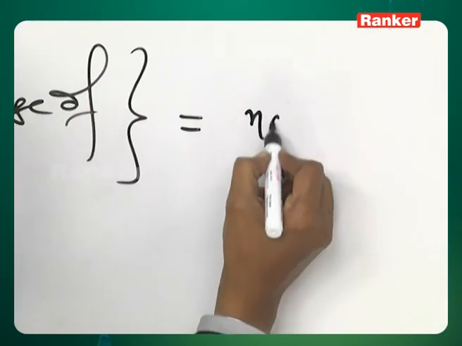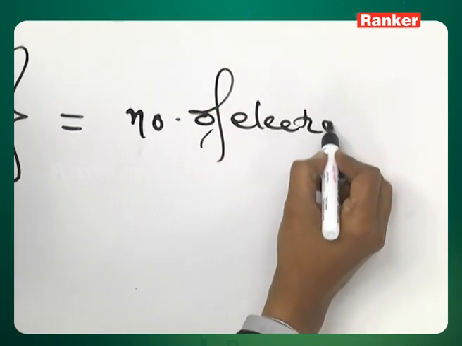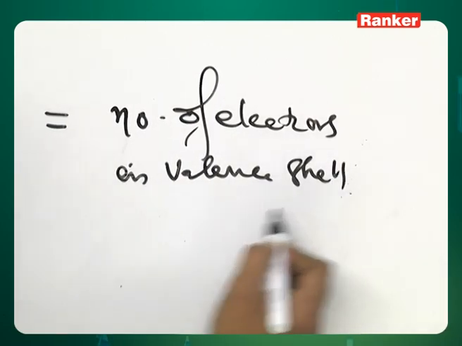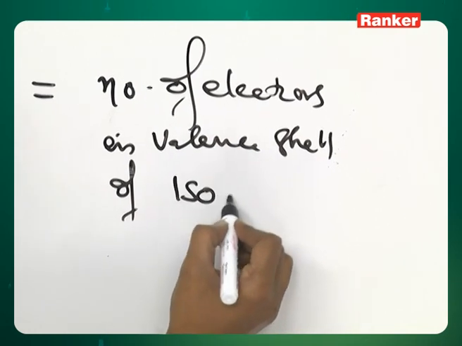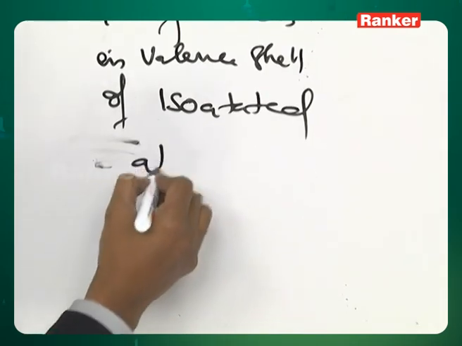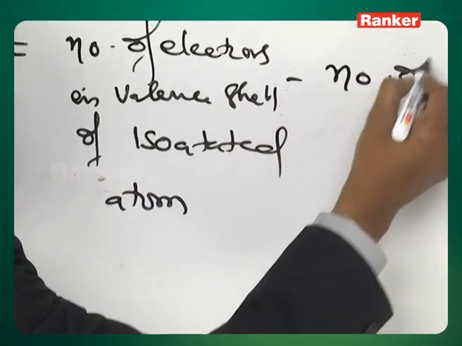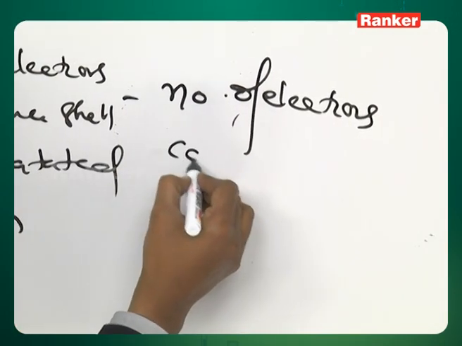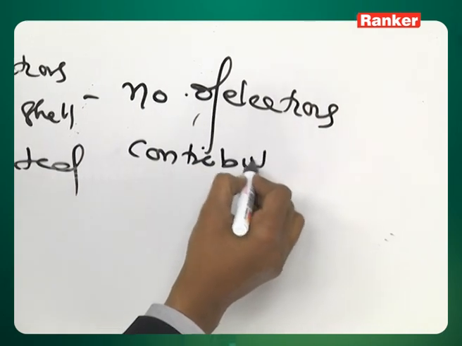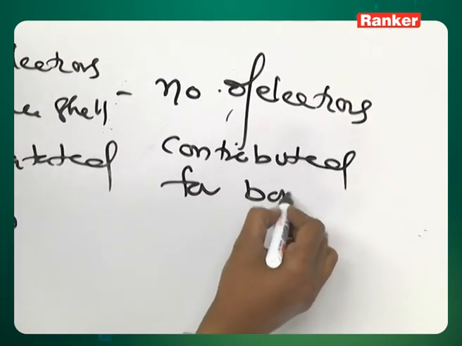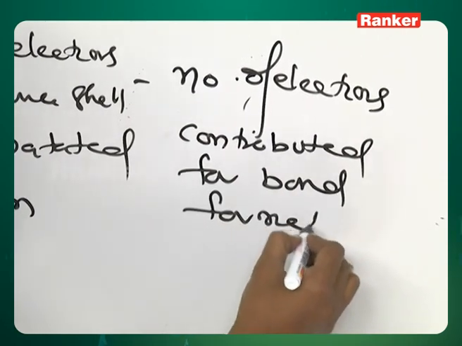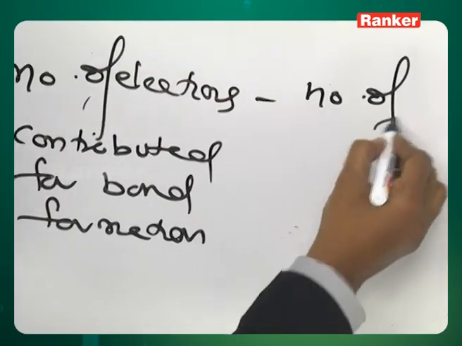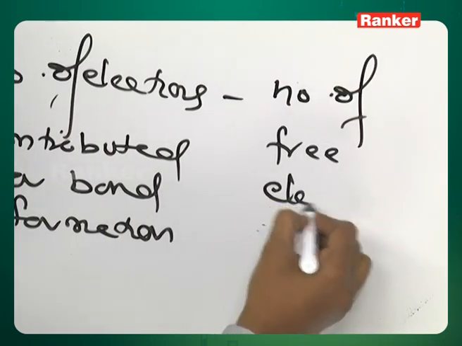So, formal charge is equal to number of electrons in valence shell of isolated atom, minus number of electrons contributed for bond formation, minus number of free electrons left.